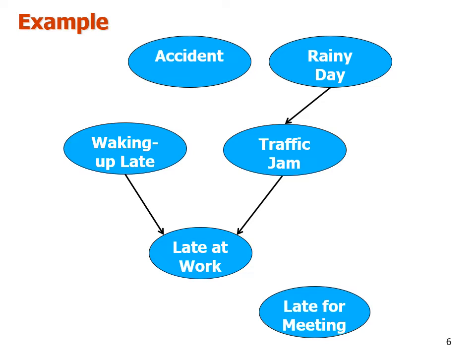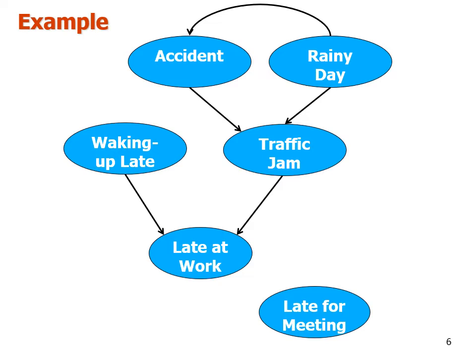If there is an accident, it is more likely that there is a traffic jam. If it is a rainy day, it is likely to be a traffic jam. And maybe we can say if it is a rainy day, there is higher likelihood for an accident. So rainy day can also influence occurrence of an accident.